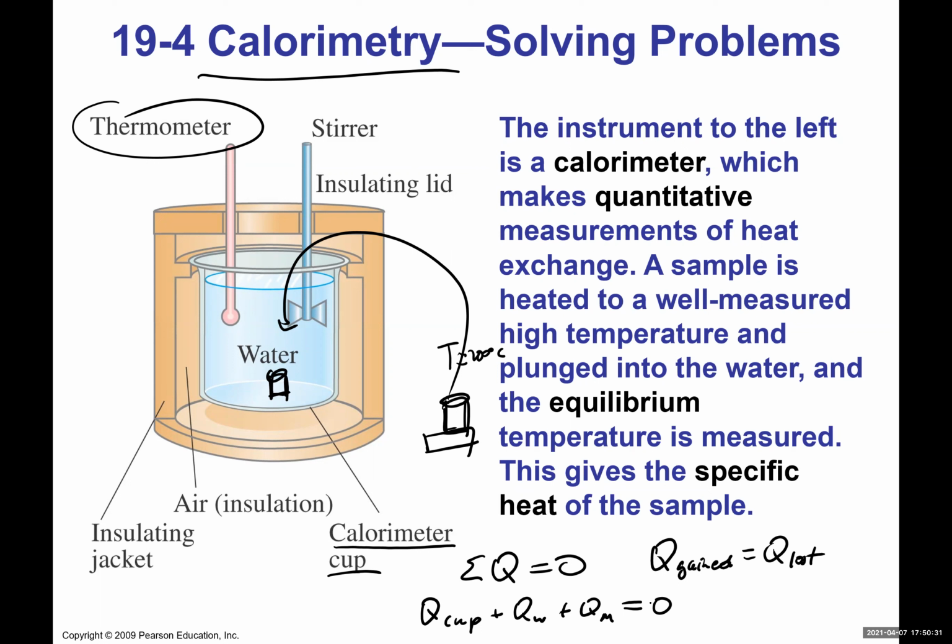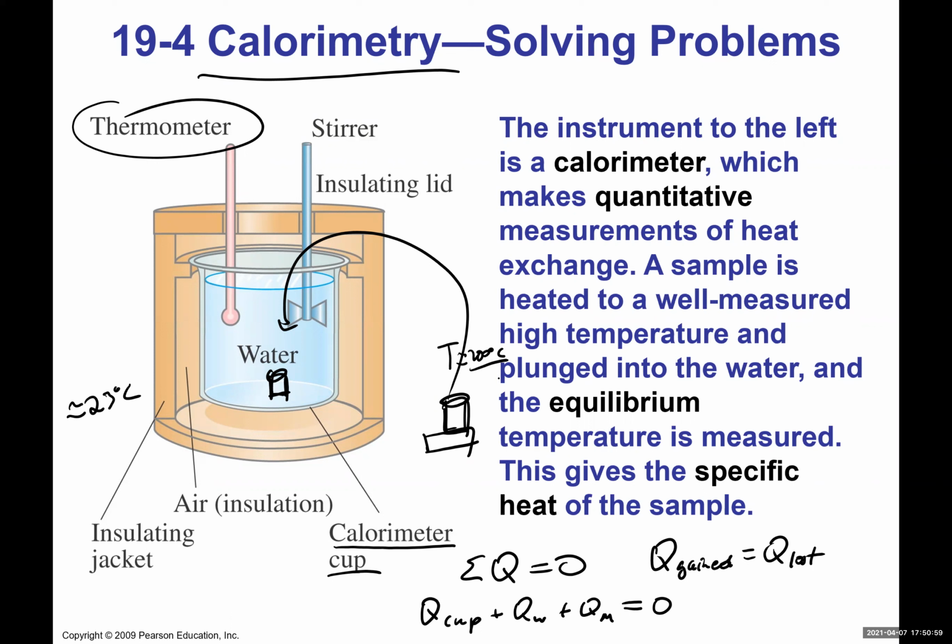When is it positive? It means energy is gained. When it's negative, it means energy was lost. Obviously, we can see, right? If you have water and a cup at roughly 23 degrees Celsius, and a metal at roughly 200 degrees Celsius, the metal will be the one that loses energy because it's in contact with two cooler objects.